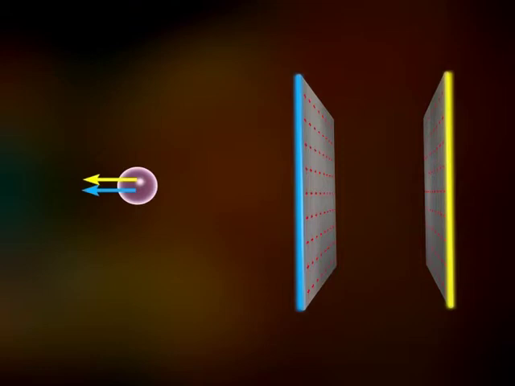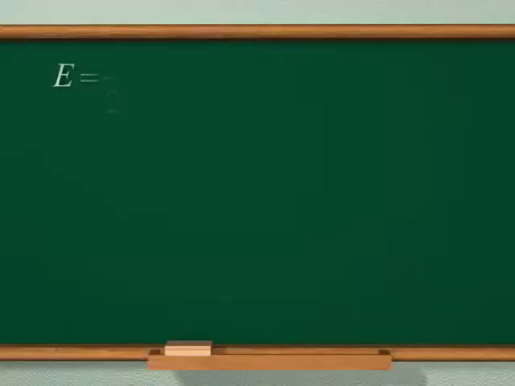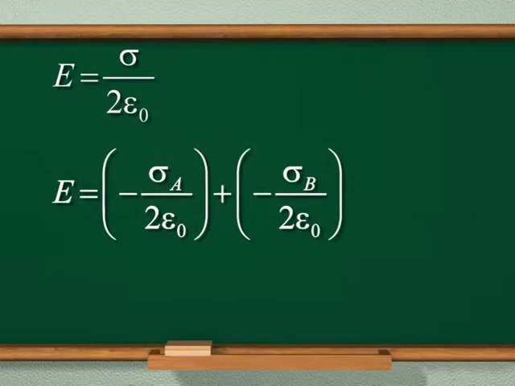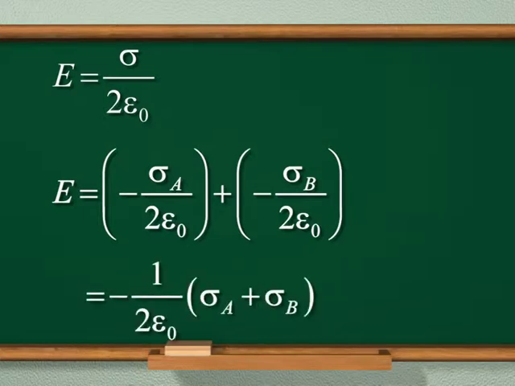Since the electric field due to a sheet of charge is given by E equal to sigma by 2 into epsilon naught, the electric field due to sheets A and B in region 1 will be E equal to minus sigma A by twice epsilon naught plus minus sigma B by twice epsilon naught, which is equal to minus 1 by twice epsilon naught into whole of sigma A plus sigma B.